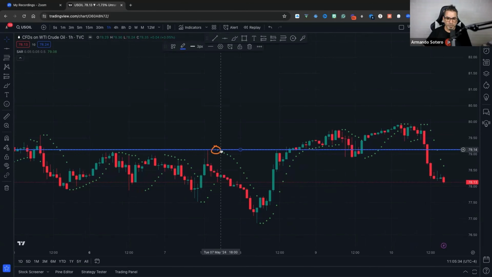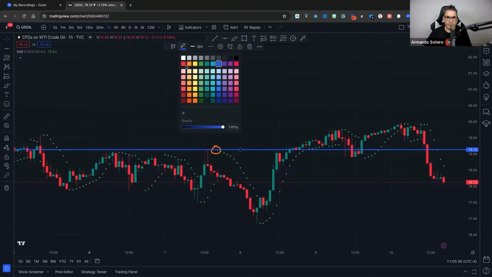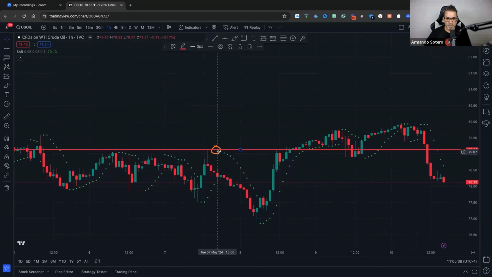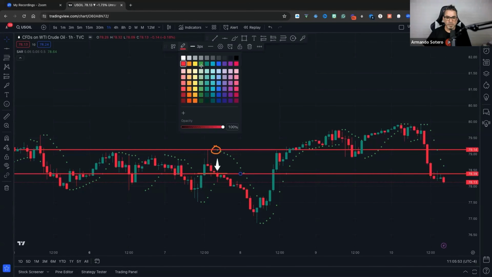Again, that becomes your stop loss on the initial SAR that's created. The SAR was created on this red candle right here because this structure was broken. So that also becomes your entry. We'll make that green to keep consistent.